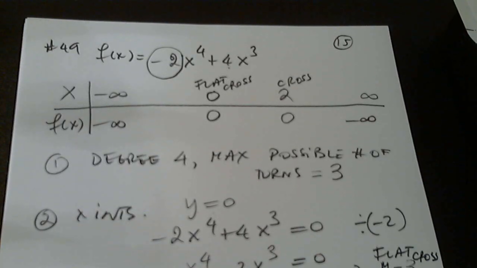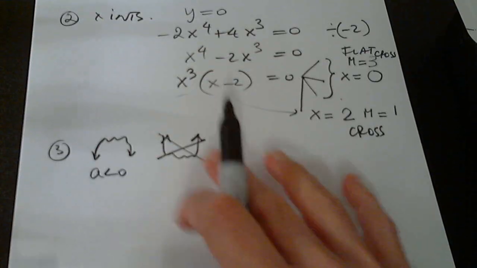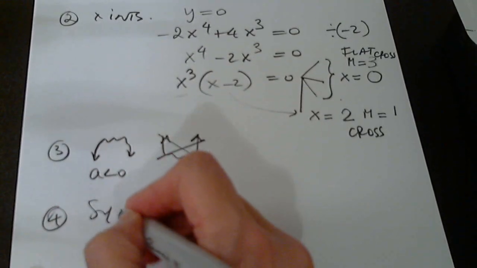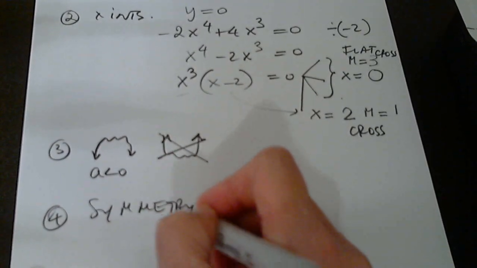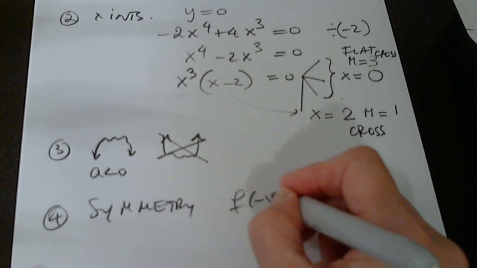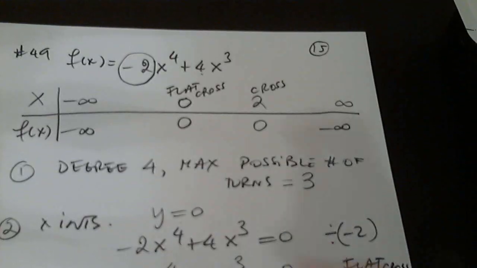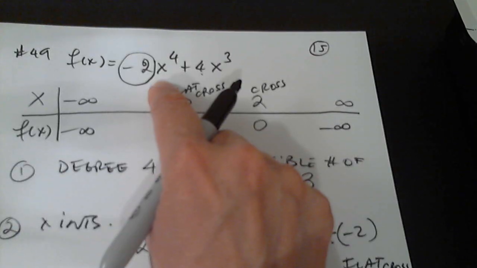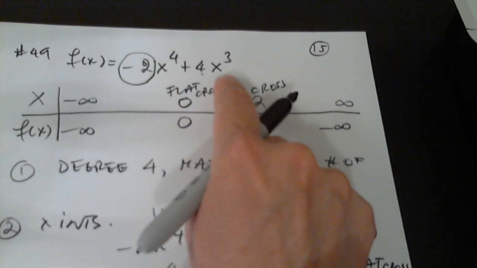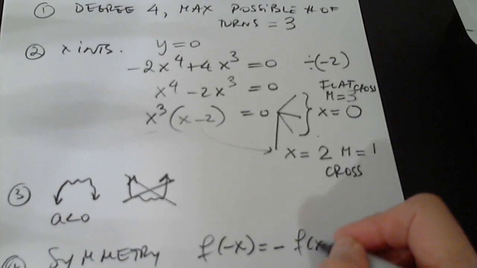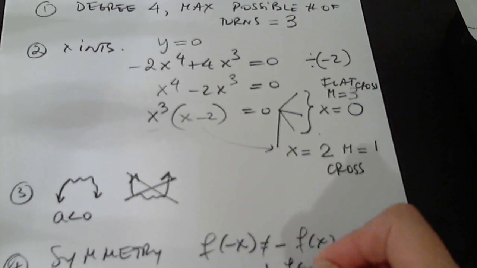Okay, so one more, number 4, symmetry. f of -x. This doesn't change, but this does. Right? So it does not equal negative f of x, and it does not equal f of x.